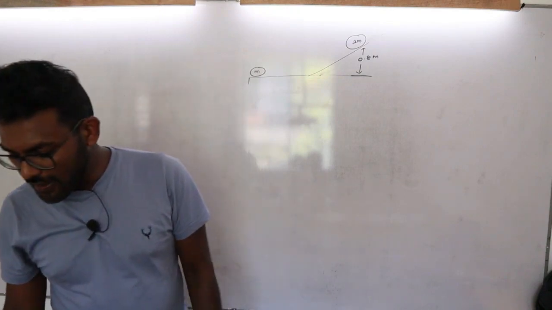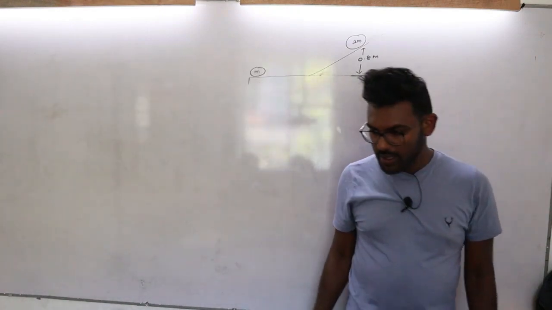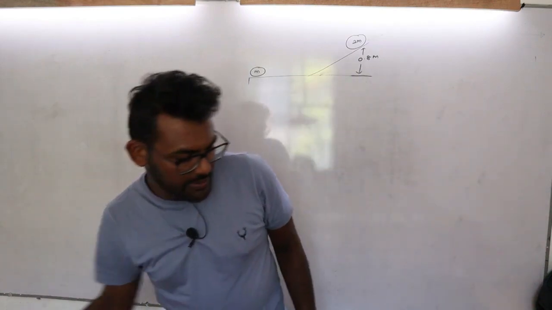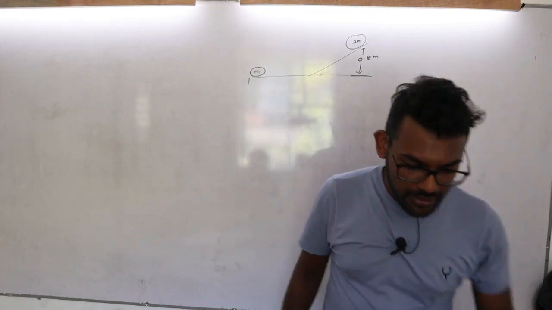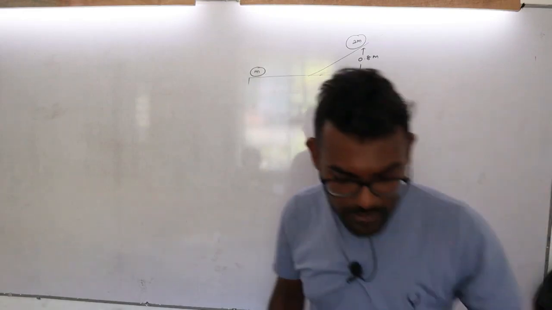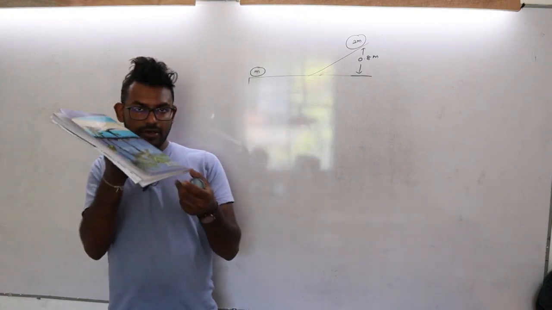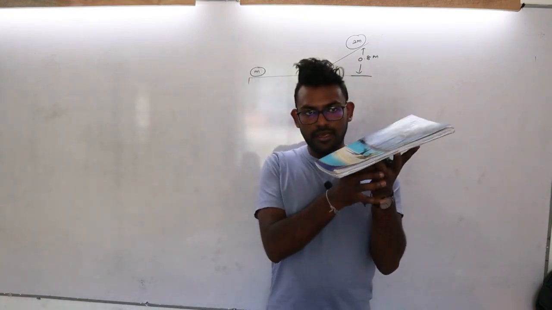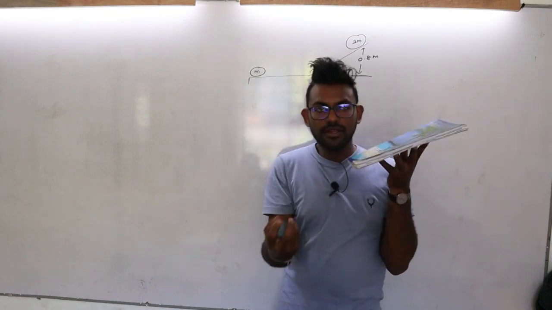So what's normally going to happen if you keep something on a horizontal floor and release it? If I have this inclined plane like this and you keep something, what's going to happen? It's going to roll.